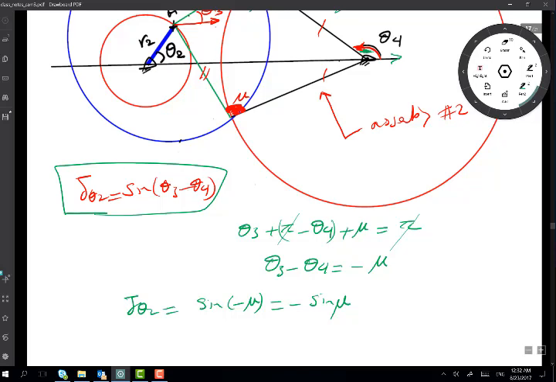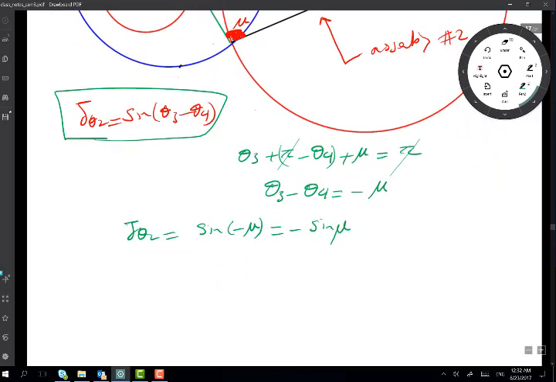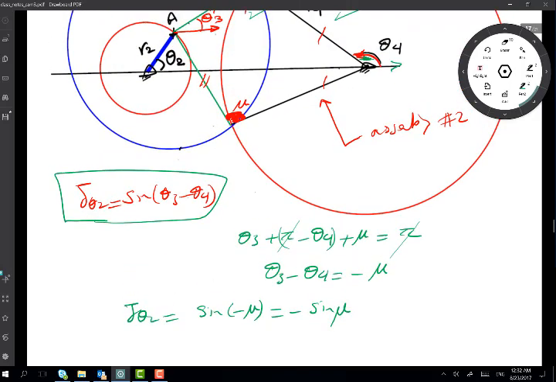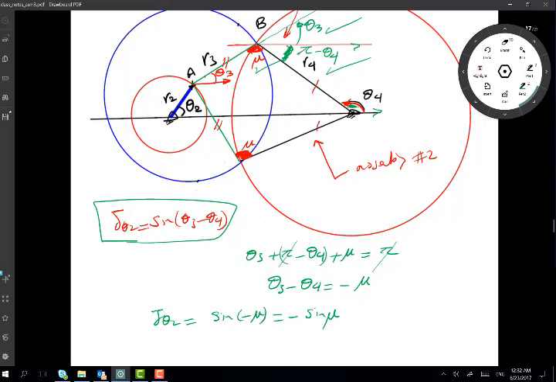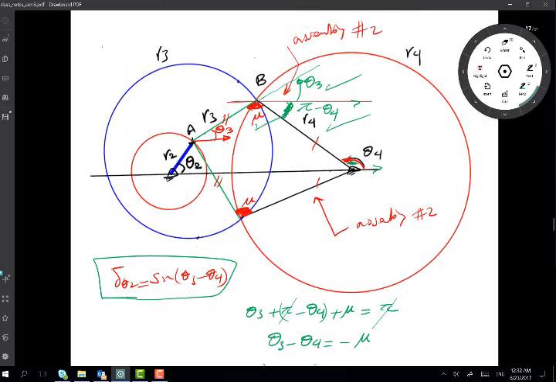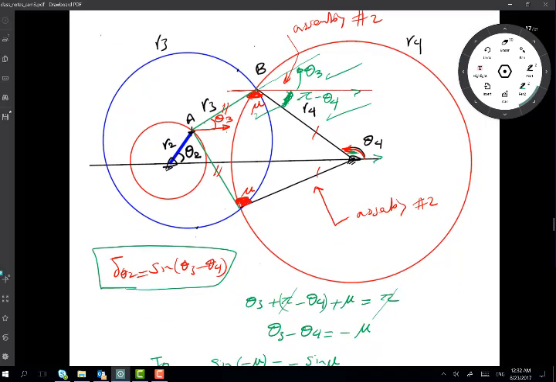So this tells me my Jacobian is going to have a negative value, but the positive or negative sign is not important, right? What matters is the significance of mu, the transmission angle.